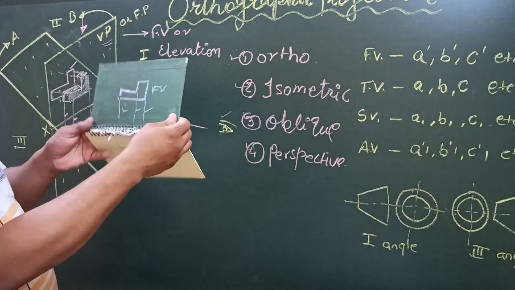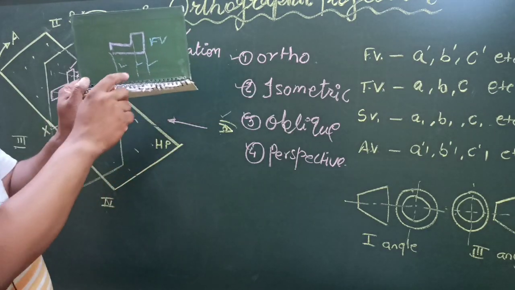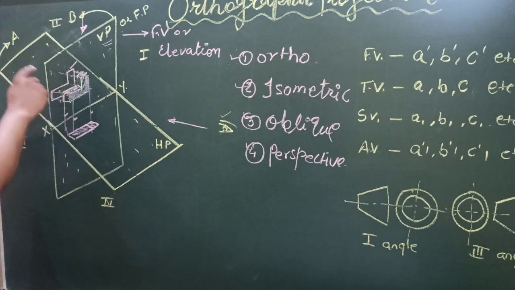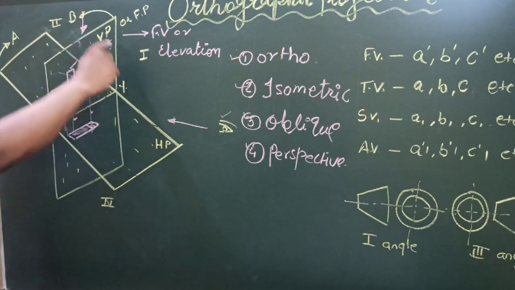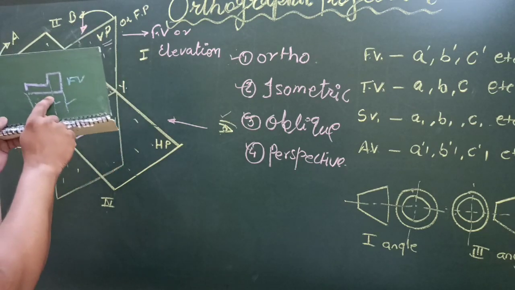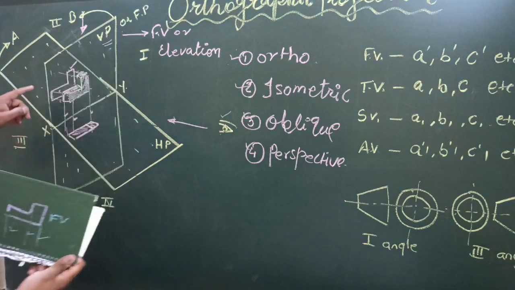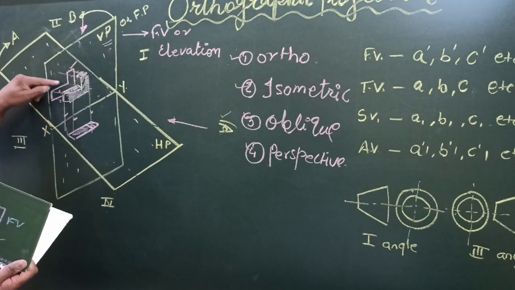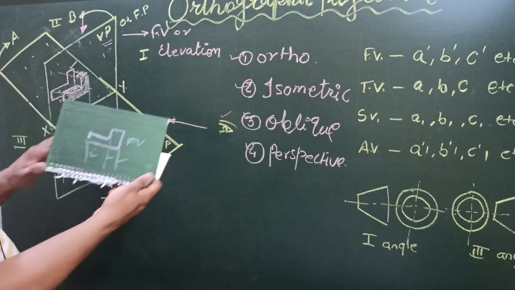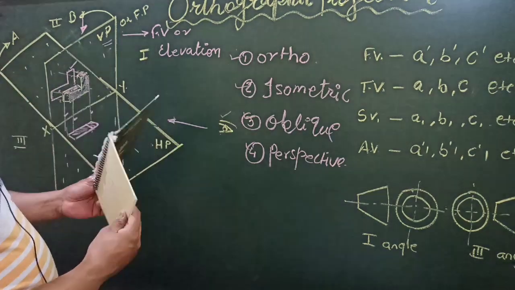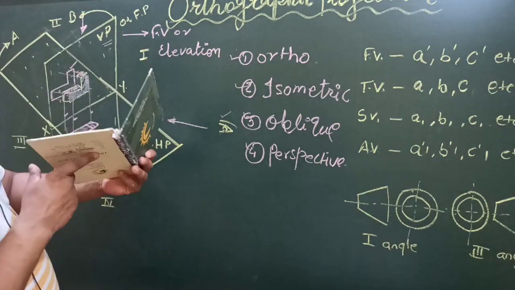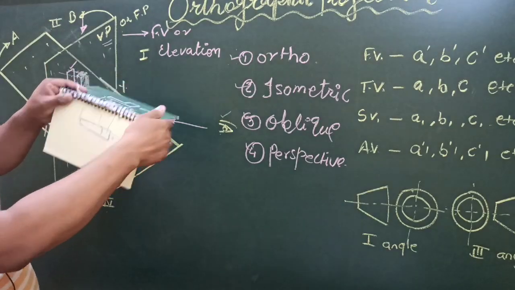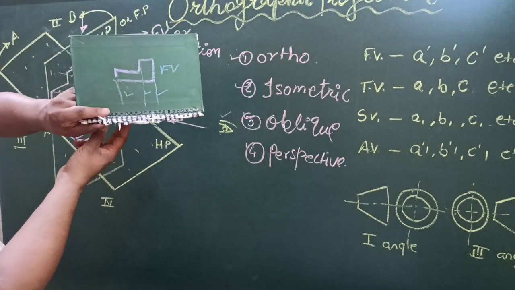Front view will be drawn backward, by taking projectors backward to the vertical plane. So this will be the same. As far as the top view is concerned, this will be drawn somewhere here because the object is here. So this diagram is the same but like this.